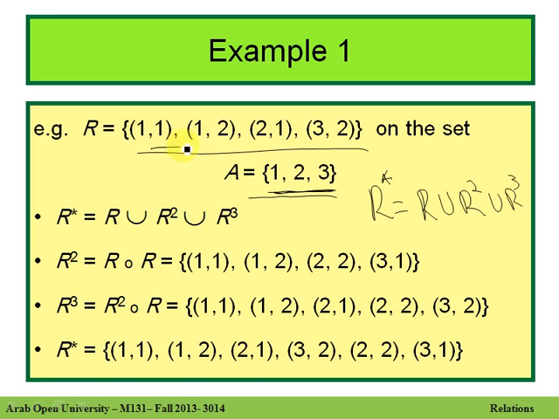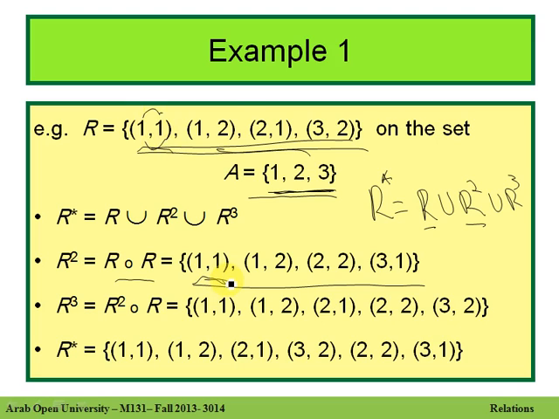For example, over here we have the R. R square is R composed with R in transitive. So (1, 1) will come, because if there is a (1, 1) and then again (1, 1), it will give (1, 1).